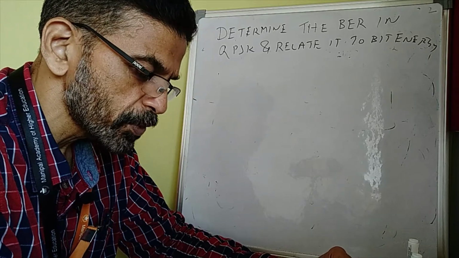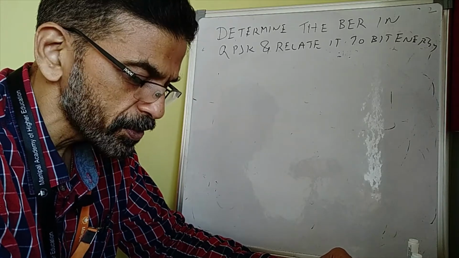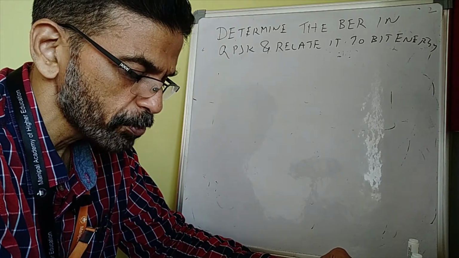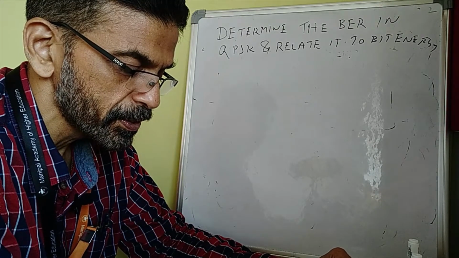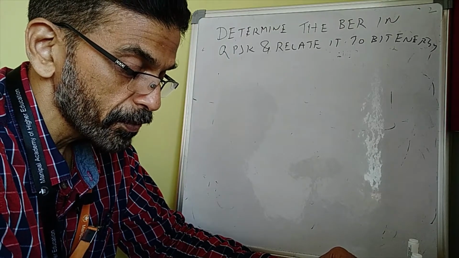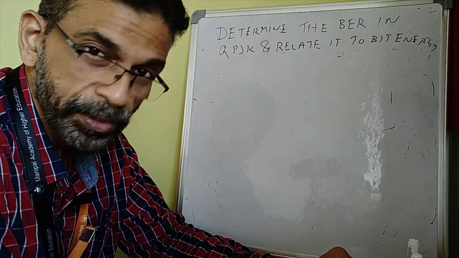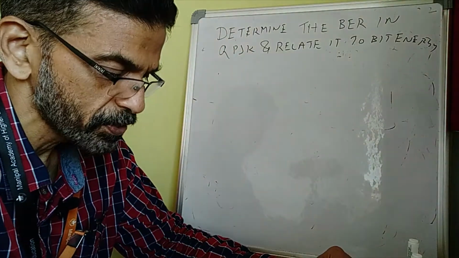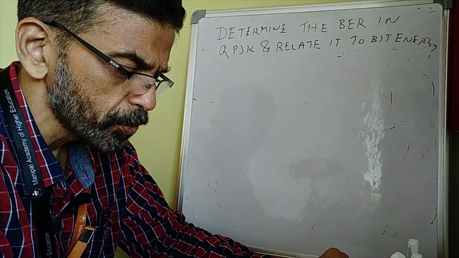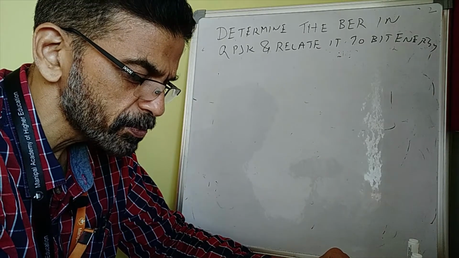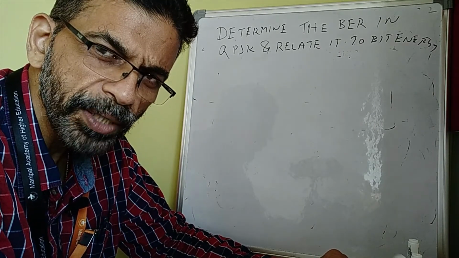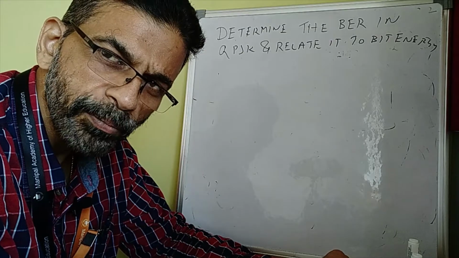So, that is what we did earlier. Earlier we determined the symbol error rate or the probability of error in detecting signals, but now we have to find out what is the bit error rate or the probability of error in detecting the bits. And recall that in QPSK, a symbol is made up of 2 bits, that is a dibit. A symbol is composed of a dibit.